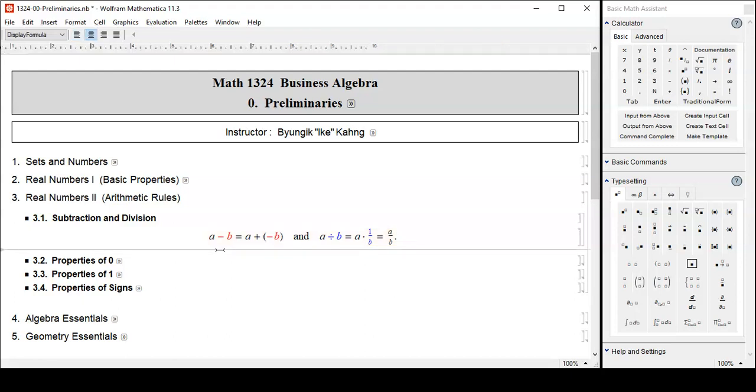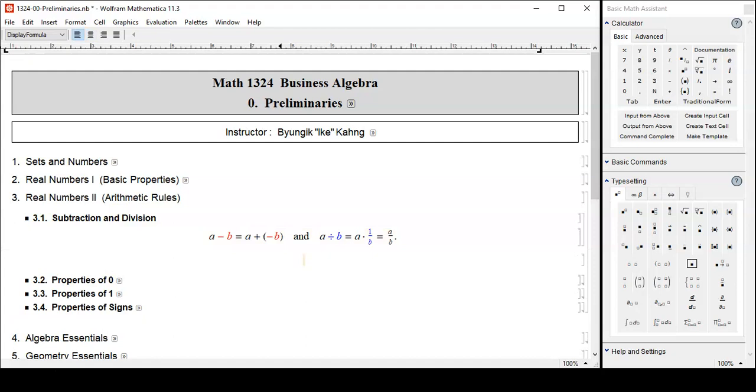Let's see, here's an example. 3 plus 7 minus 9 plus 2 minus 3. Okay, all right. For example, if you have to do this kind of computation, this is actually the same as 3 minus 3 plus 7 plus 2 minus 9, kind of like this.